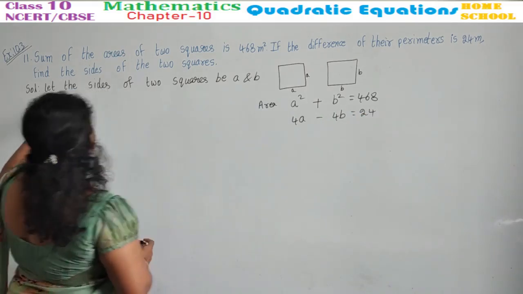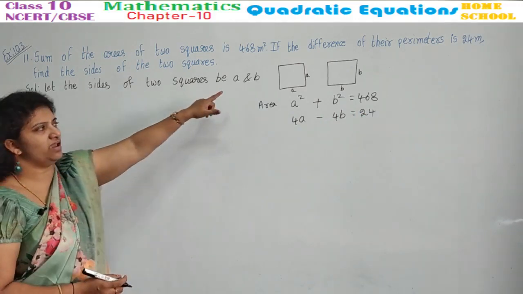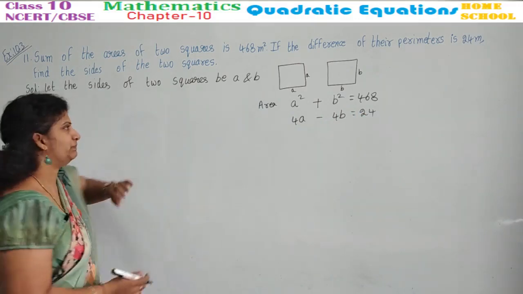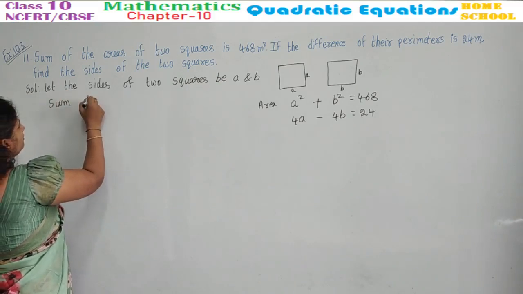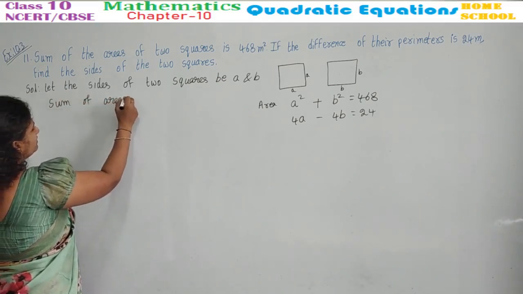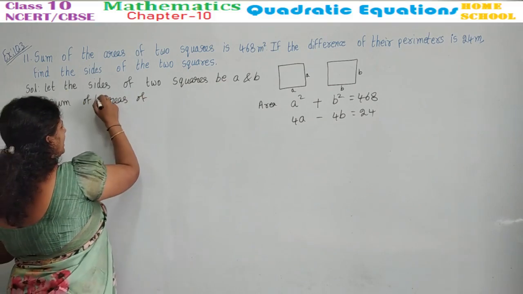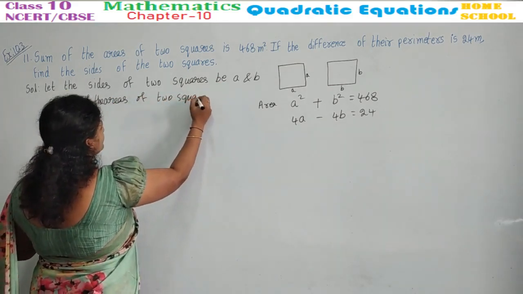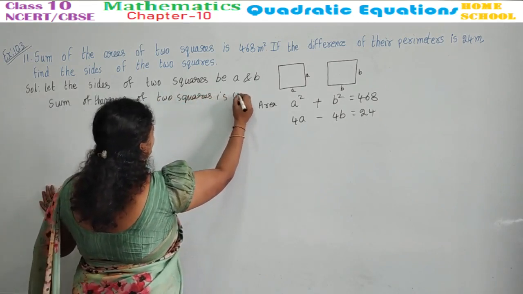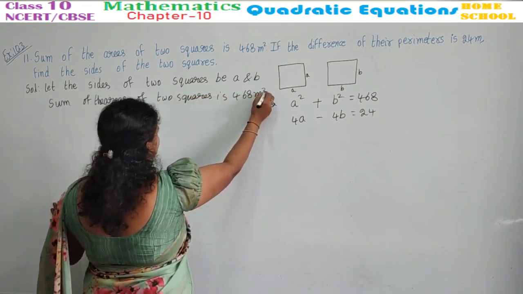Let's start here. Let the sides of two squares be A and B. Area. Sum of the areas of two squares is 468 meters square.